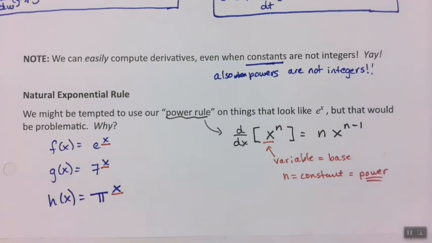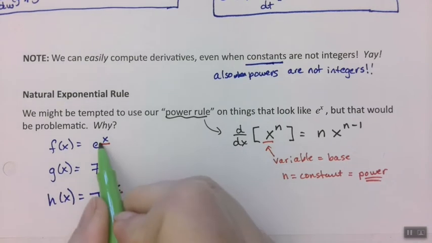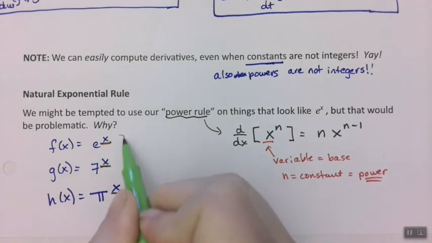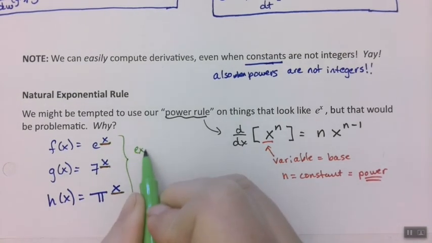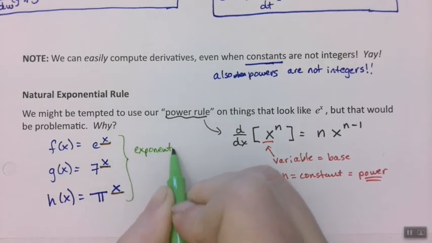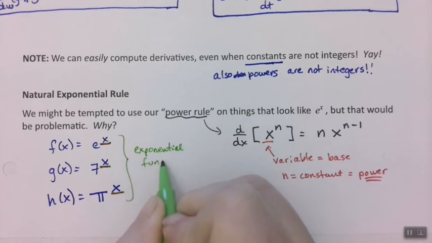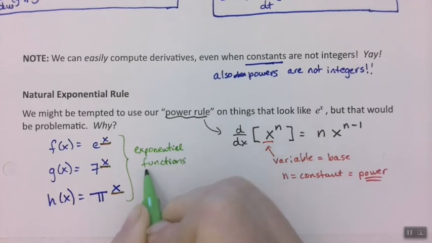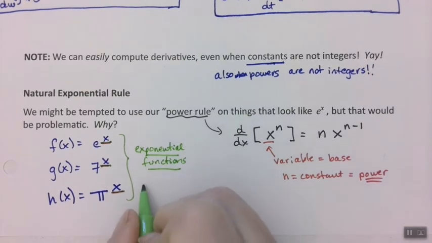Exponential functions don't work like that. Exponential functions have the constant as the base, and the variable is the power, right? So the base is constant.